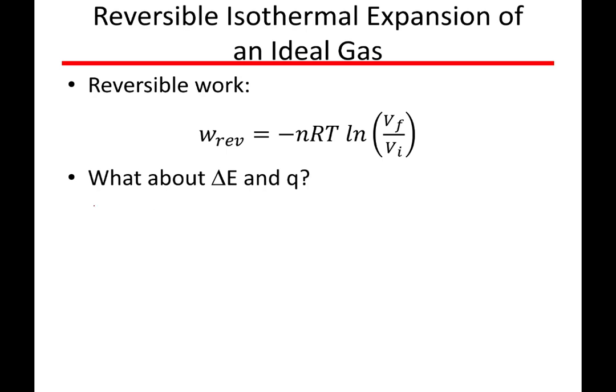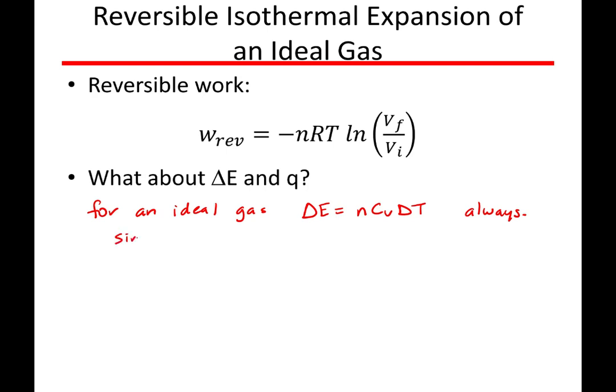Now for an ideal gas, I'll remind you that you can always use the equation delta E equals nCv delta T, always, for any transformation. Remember, this equation always holds true for any transformation because E is a state function, so delta E is path independent. It doesn't matter that this is not a constant volume path. Delta E is always equal to the constant volume heat, no matter what the pathway is.